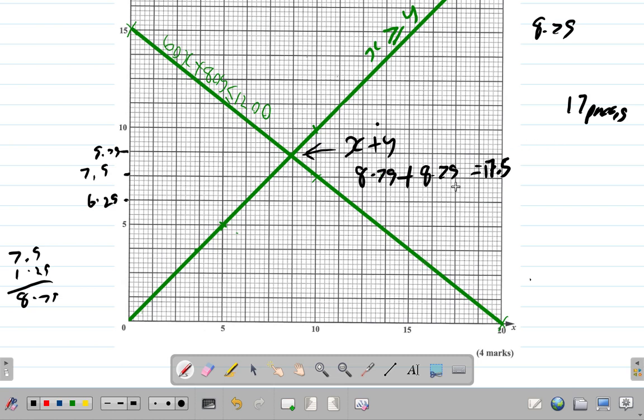Now, this is the maximum number of phones. But could the person buy 18 phones? Let's argue it out. Is it possible that they could buy 18 phones?